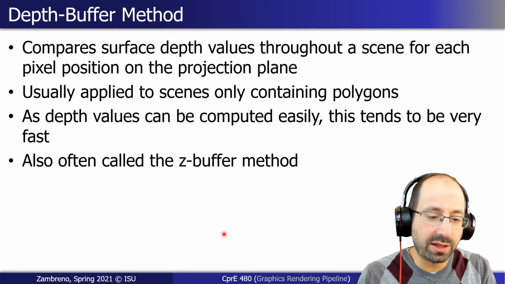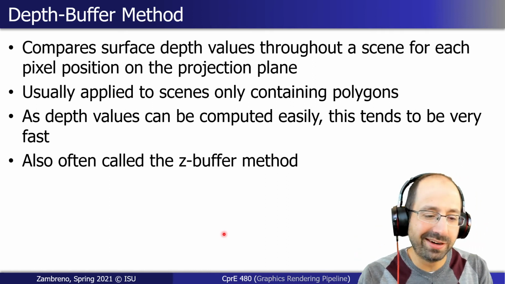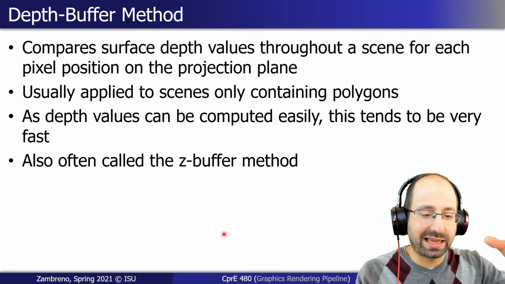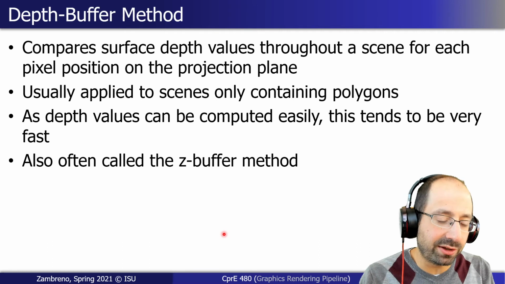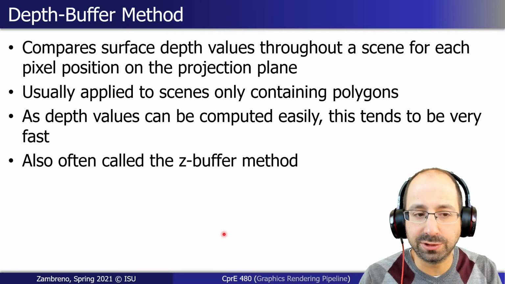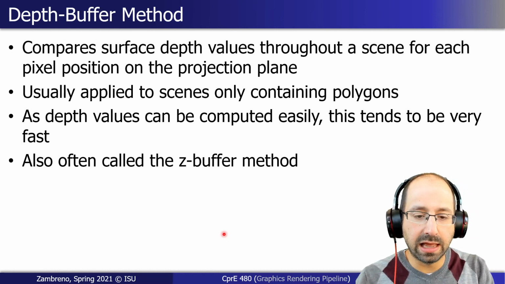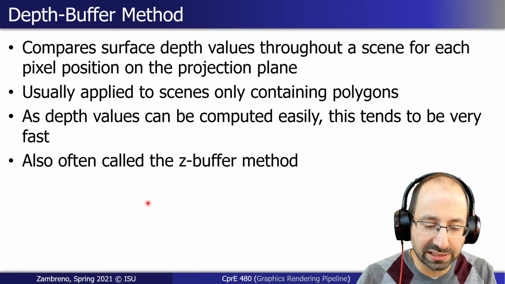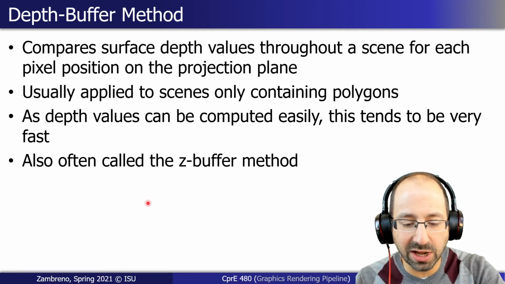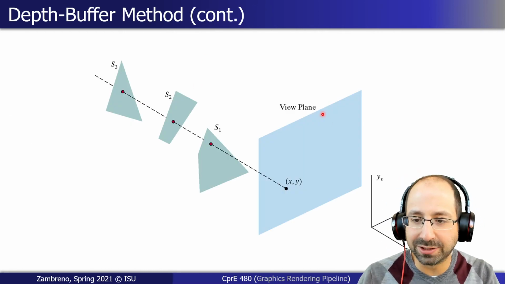The other advantage is it allows us to do things like drawing a cone intersecting with a sphere, partially blocking and partially not being blocked by it, because it's the individual z values, or depth values, for each of the fragments we're generating that dictate whether or not that individual fragment should be drawn. It only works for things that are being rasterized, like triangles, but that's a limitation we've already had as we've been talking about how we're drawing things in the first place, at least in modern systems with rasterization based pipelines.